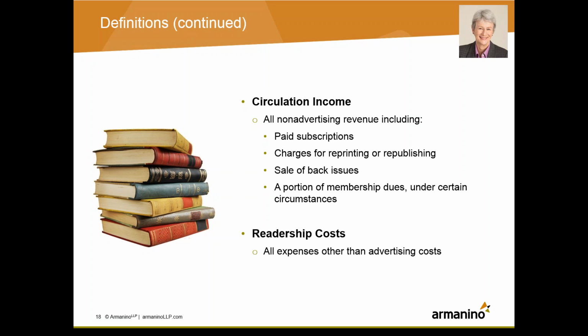So if you have this situation where when someone pays the membership dues, they automatically get the newsletter and they have a right to receive that newsletter, you may have to allocate a portion of your membership dues to circulation income. And then finally, you have readership costs. That's all your expenses related to your activities that aren't advertising. So again, it's what's left in the pie. So that's a pretty easy number to figure out. Okay, next slide, please.